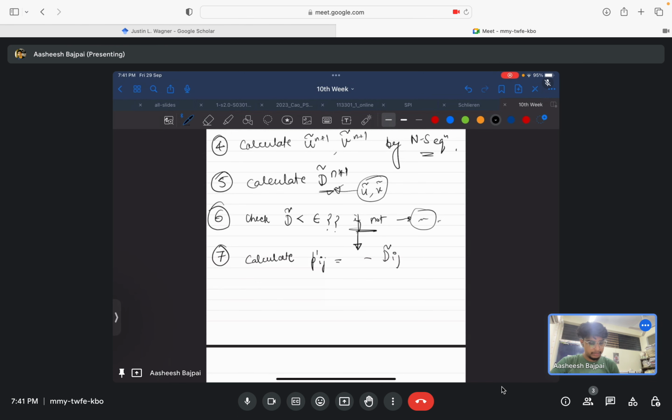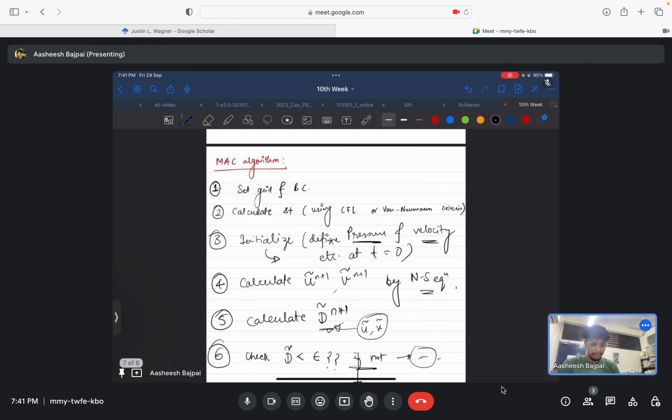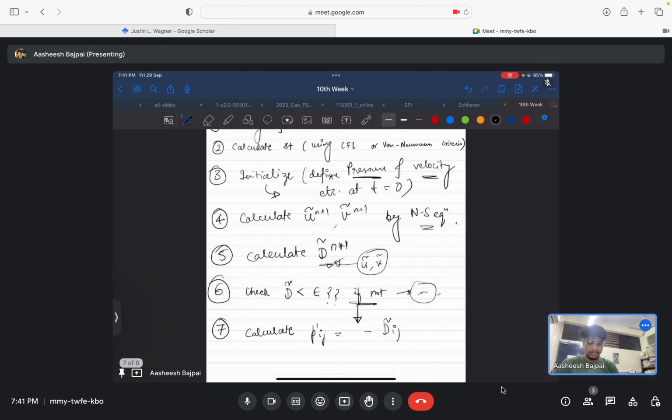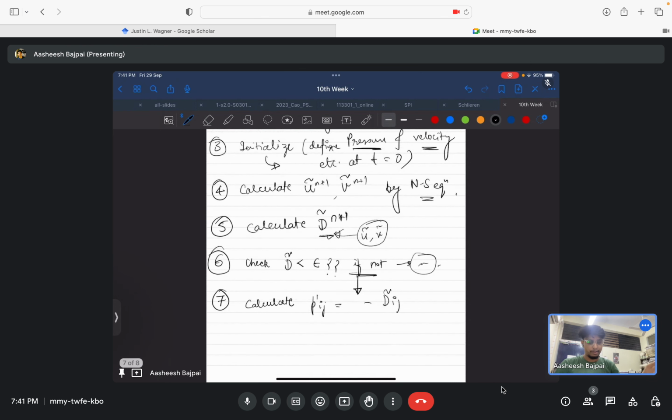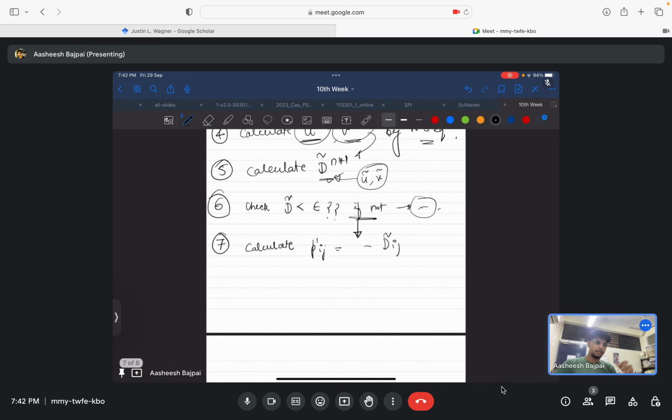So just think about the algorithm. First we set the grid and boundary condition, then calculated delta T, initialized with some pressure and velocity, then from that pressure and velocity we calculated the u tilde and v tilde, and from these we calculated the d tilde value at the next time step n plus 1, and we have to check at every time step whether it is converged or not.